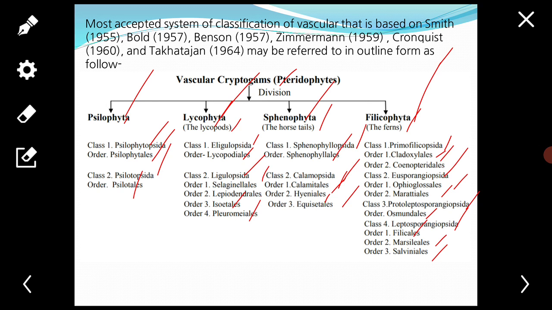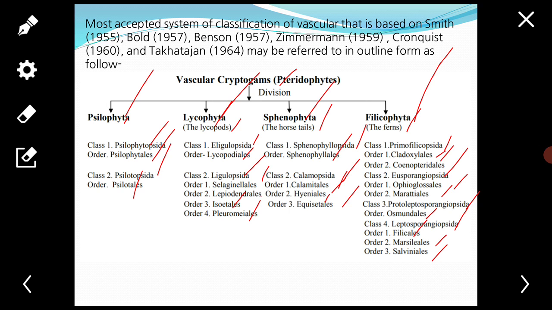The vascular tissue may be in the form of actinostele, plectostele, siphonostele or sometimes even polystele. Leaf gaps are absent. Sporophylls are loosely arranged or aggregated to form strobili or cones.